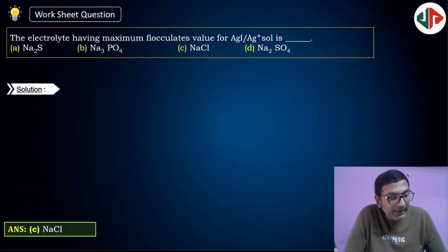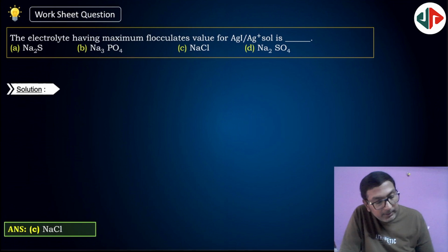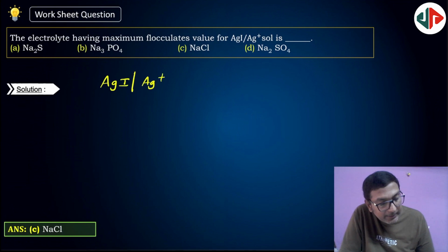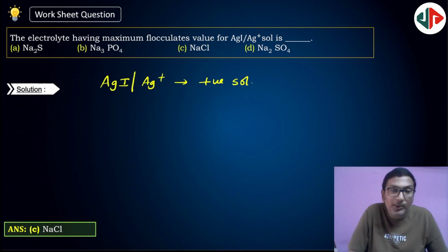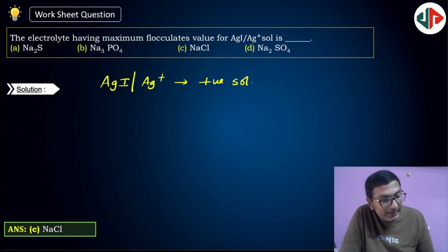The electrolyte having maximum flocculation value for positive sol. Here it is given AgI in contact with Ag+, which is a positive sol. For coagulation of positive sol, negative ions are required. Here the negative ions are S2-, PO4 3-.